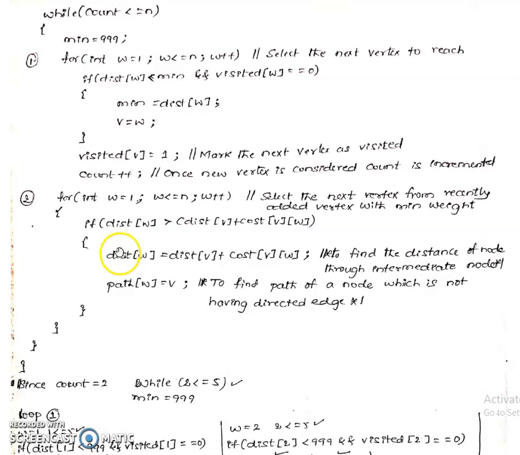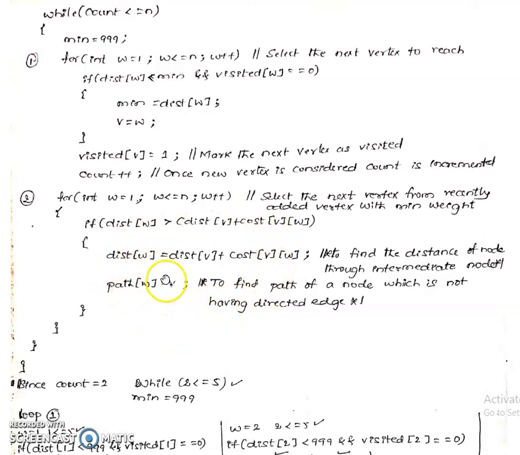The second for loop is used to find whether there is any other alternate path to reach the next vertex. Also, whatever vertex you have considered, whether that is giving the minimum weight or not, both conditions will be checked. So select the next vertex from the recently added vertex with minimum weight. If there is any alternate path and you can find the minimum weight, we are going to record that with the help of the second for loop.